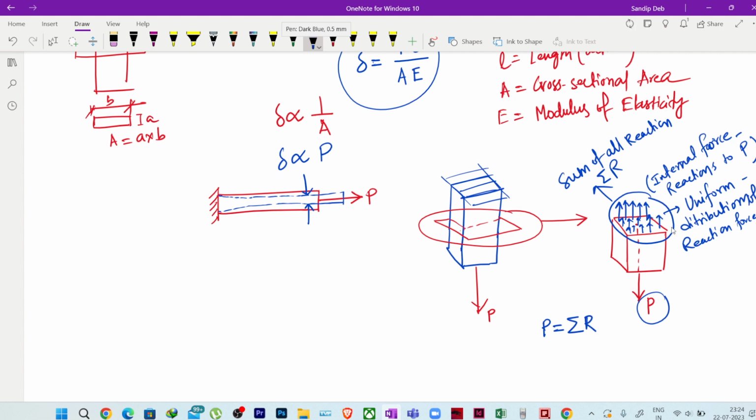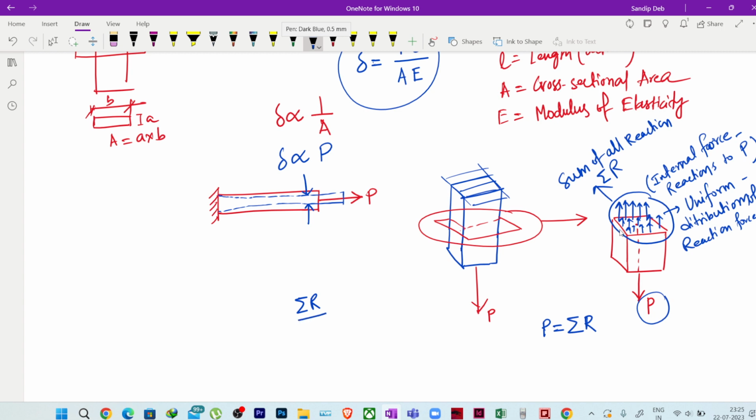So this uniformly distributed reaction over this area, if we sum all the reaction forces, we will see that it is equal to the point force that we have applied on the bar, correct?